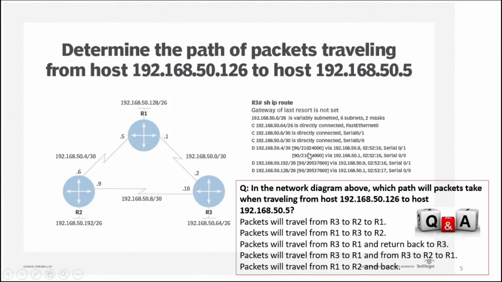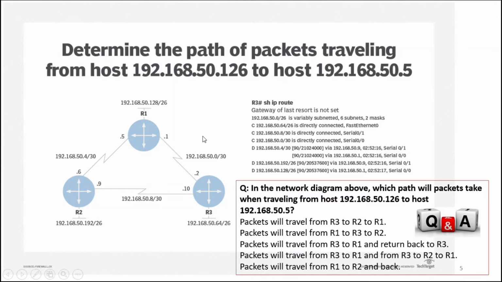This is why, if we follow the steps and explain the question, we should first look at the IP address. This IP address belongs to which device or which network.